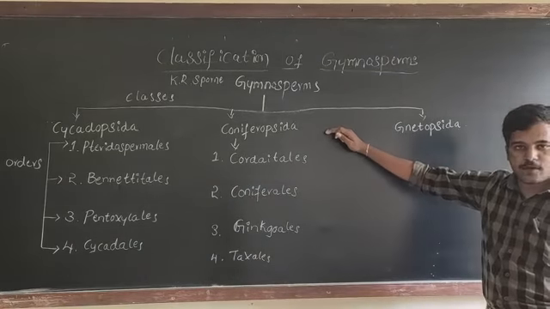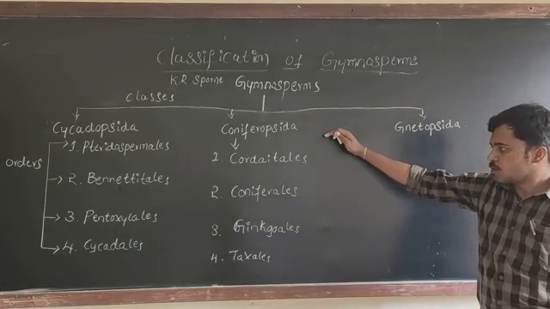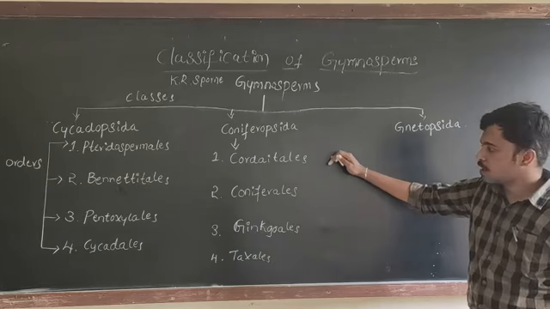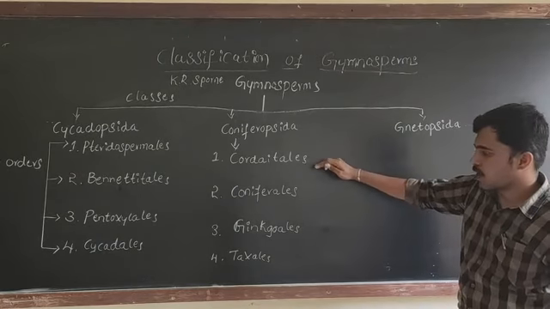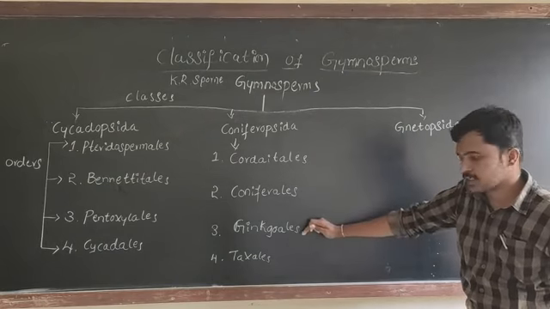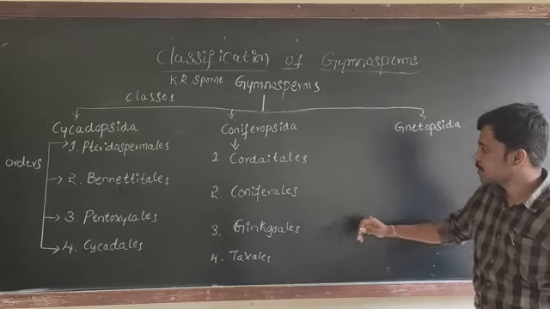The class Coniferopsida is divided into four orders: Cordaitales, Coniferales, Ginkgoales and Taxales.